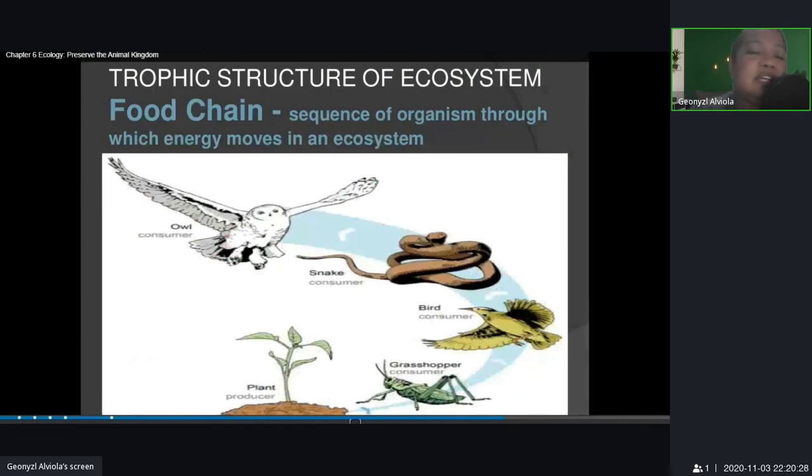In a community, it is important to study the food chain, because by knowing the food chain, we may determine the relationship and relevance of one animal to the other. A food chain is a sequence of organisms through which energy moves in an ecosystem.